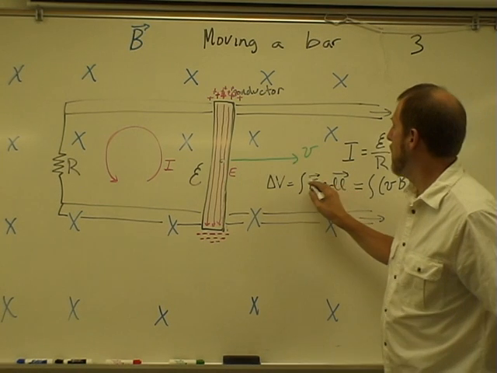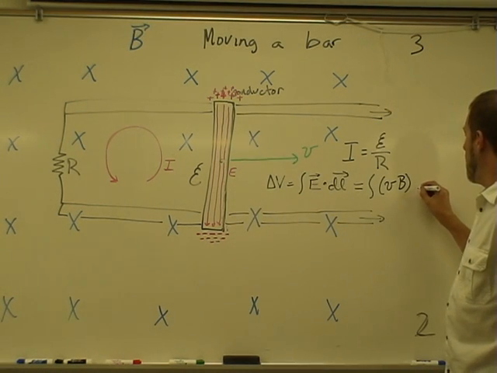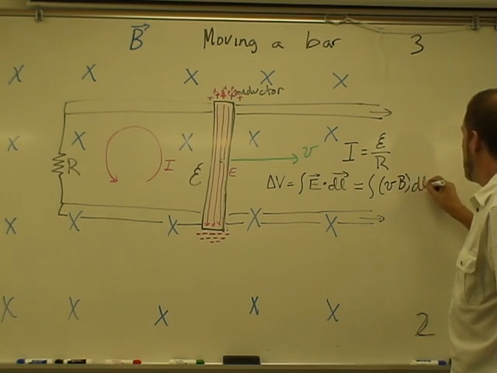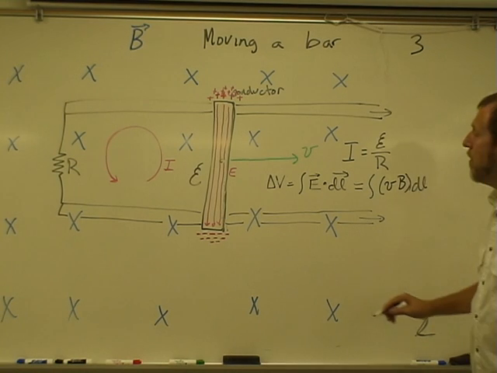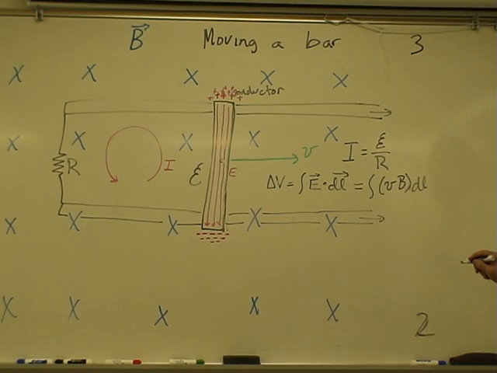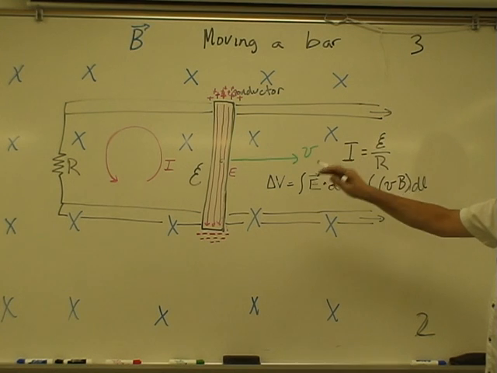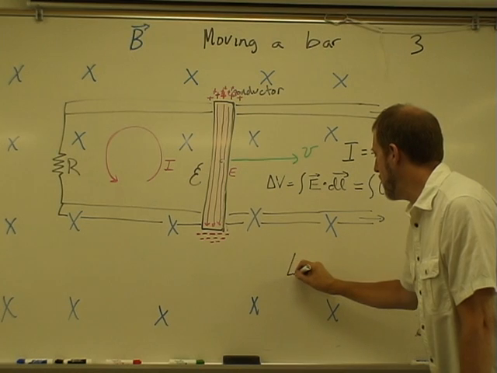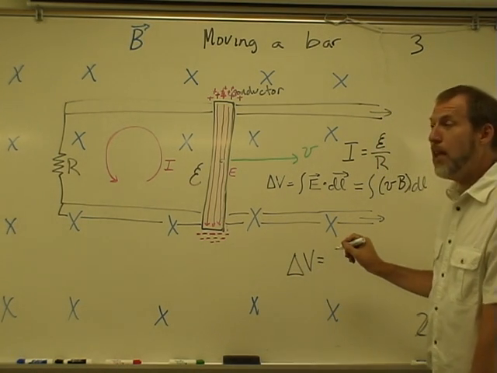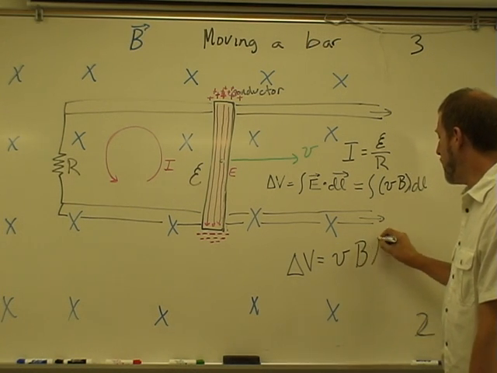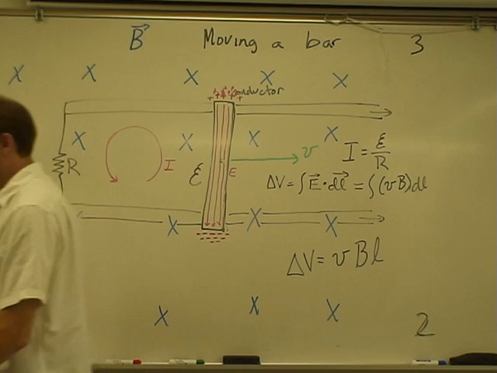And dl is just some differential path length. Now, the electric field is either parallel or anti-parallel to the path, depending on how we go. So the dot product E dot dl is simply E times dl. So, the change in potential, which is the EMF involved here, is equal to the velocity times the magnetic field times the length of the bar.